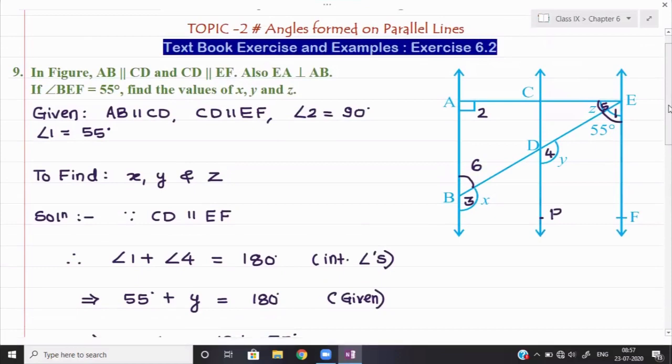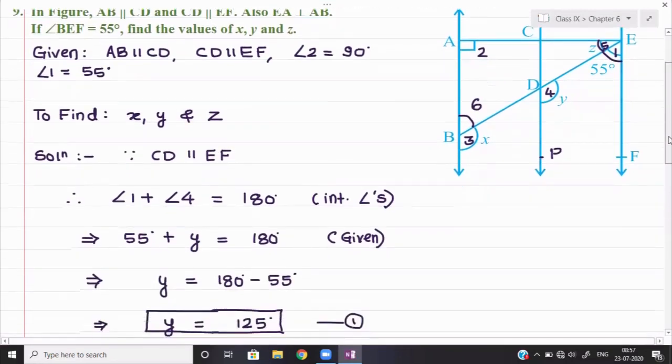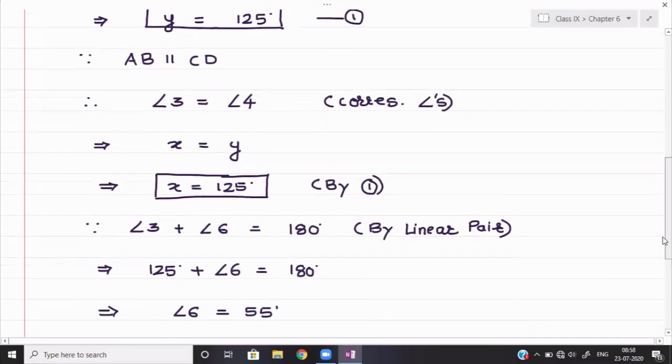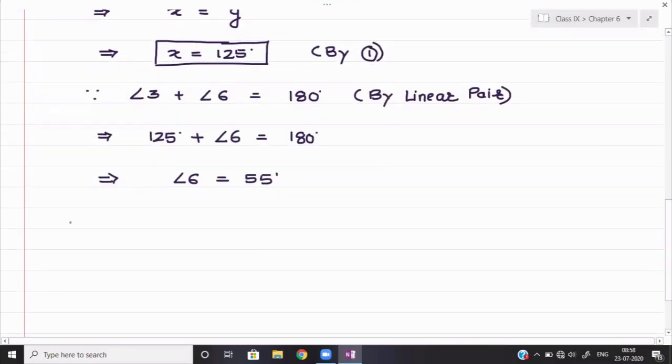Now look at the triangle ABE. In ABE, we have three angles: angle 2, angle 5 and angle 6. Out of that, angle 5 is required, angle 2 is given as 90 degree and angle 6 we just now found. So with the help of angle sum property we shall calculate the value of angle 5. So write down further, in triangle ABE, we can say that angle 2 plus angle 5 plus angle 6 will be equal to 180 degree.